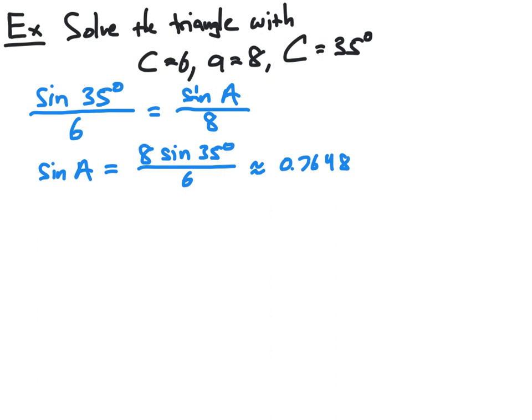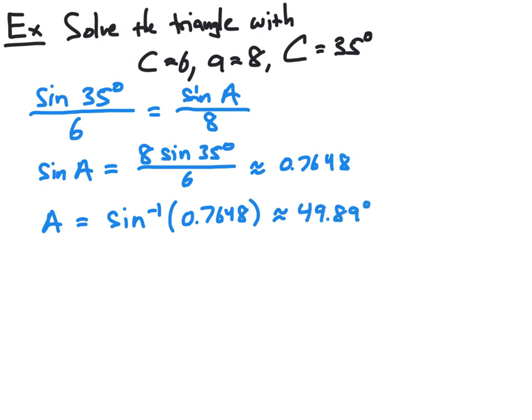This is the value of sine of angle A. And so when we solve for A, we can use the inverse sine function and, again, a calculator. So the inverse sine of 0.7648 will be approximately 49.89 degrees. And again, if you don't get this number, check to make sure your calculator is in degree mode.